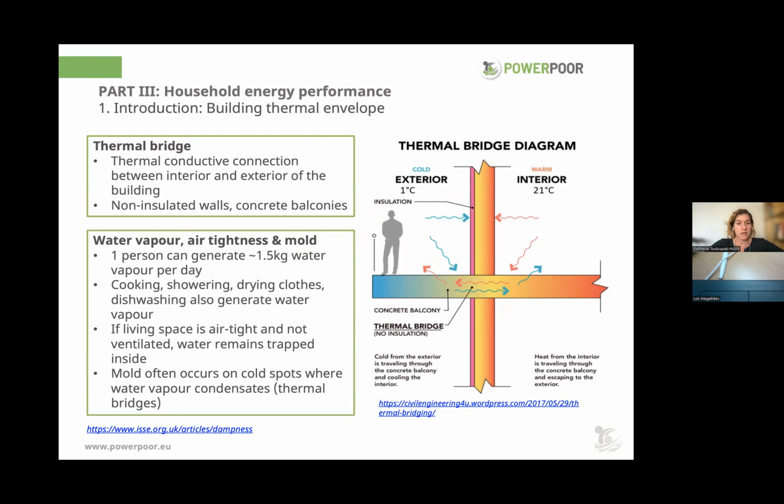And this means that when we have a high concentration of water vapor inside the house, this can create mold. Probably from a short visual inspection, we can understand if there are thermal bridges in the house, where cold spots create condensation that creates mold.